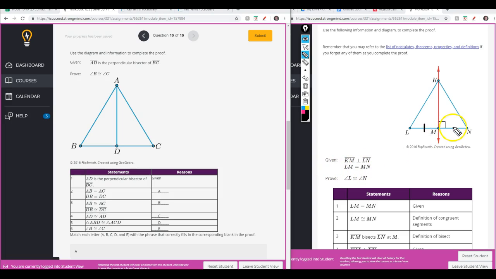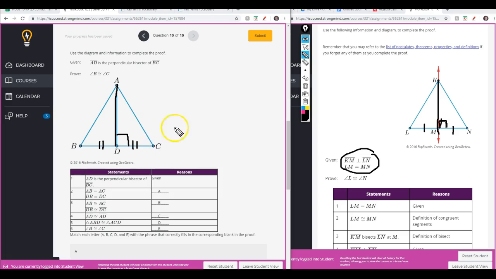LM is equal to the distance of MN right there. So we do have the same setup, and this is just stating that it's a perpendicular bisector in a different way. We have AD as our perpendicular bisector, so that means it hits at a 90 degree angle, and these are the same distances.